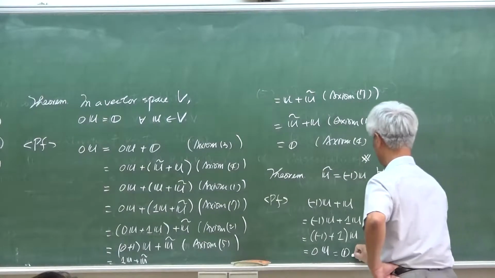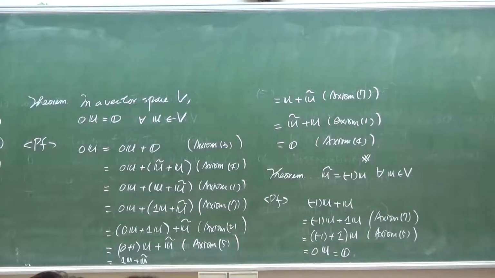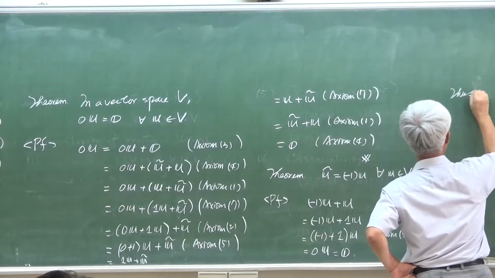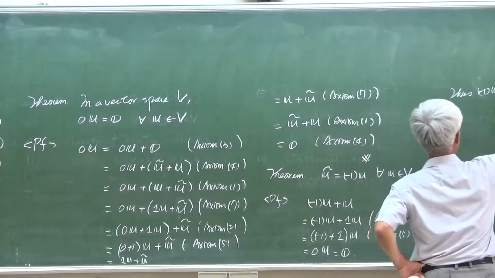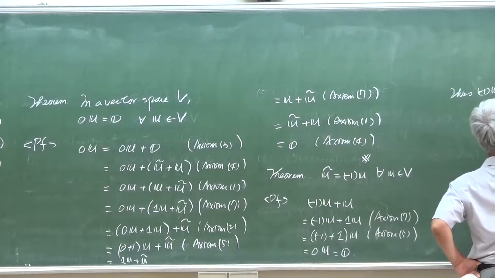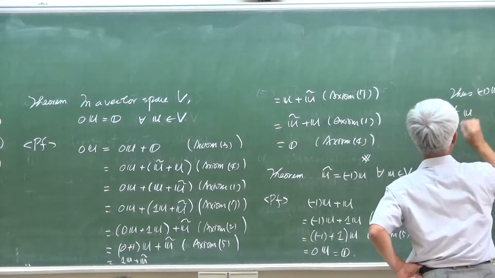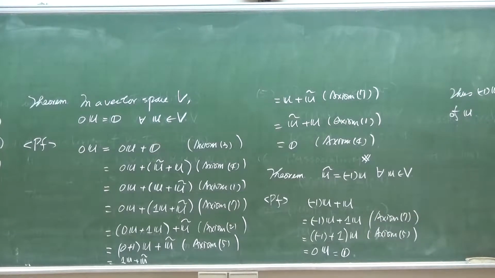So that is an additive inverse of u. Right? So we know minus 1 multiplied with u is an additive inverse of u.